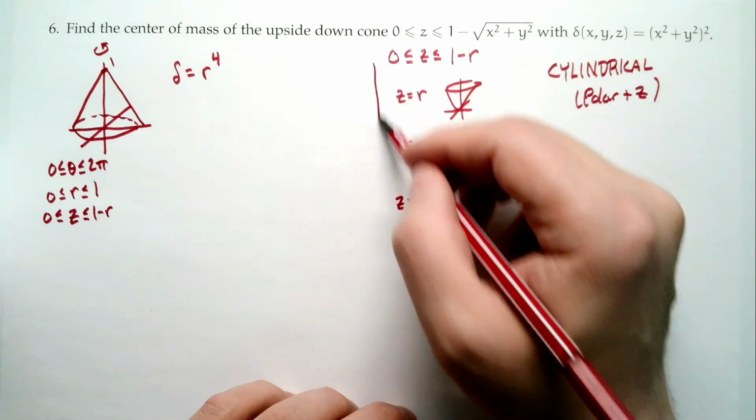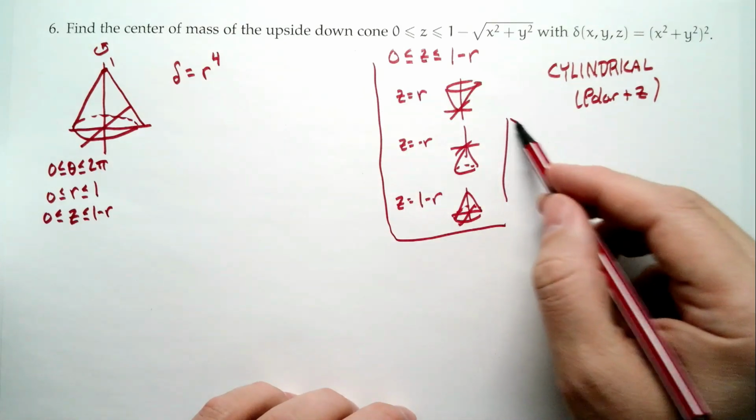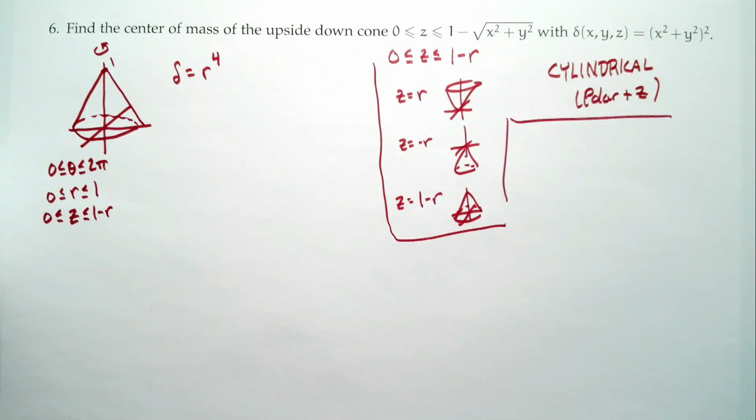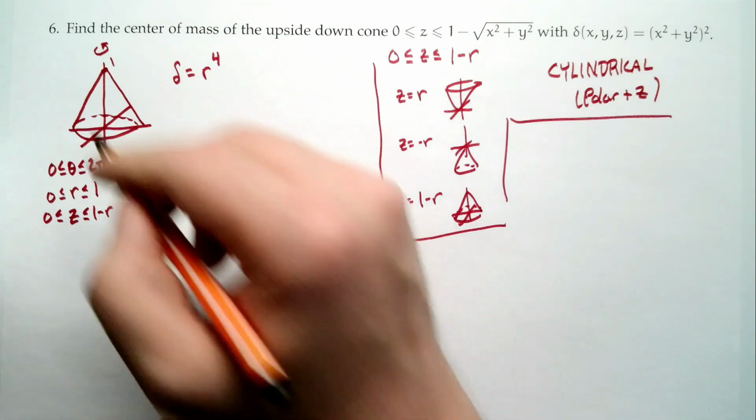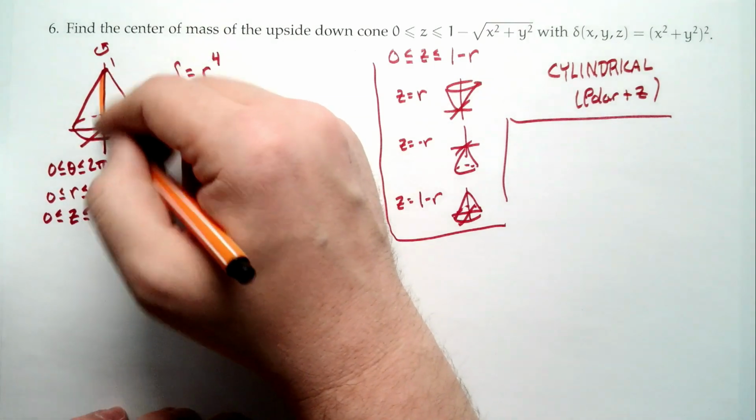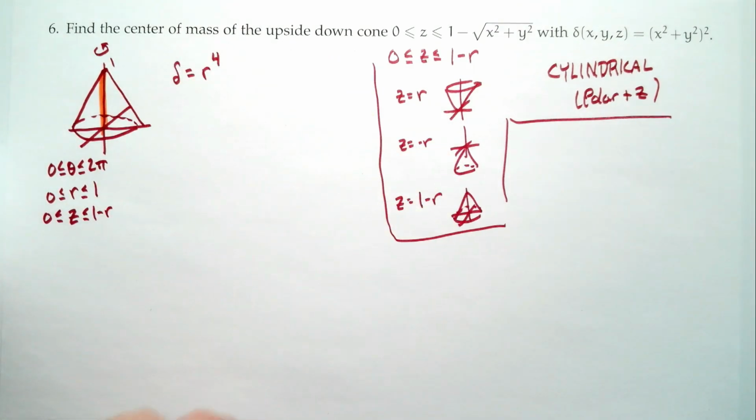So we have to find the center of mass. Now that tells us we have to find a lot, because we have to find x bar and y bar and z bar. But on a lot of these problems, you can save yourself some work, because this shape has symmetry around the z-axis. And by symmetry, it means if you spin it, nothing changes.